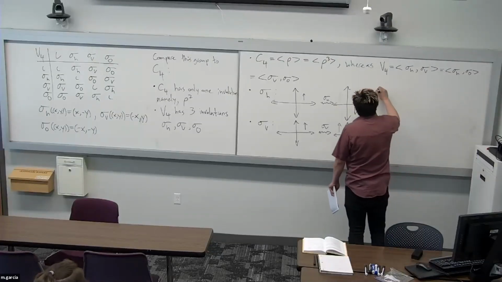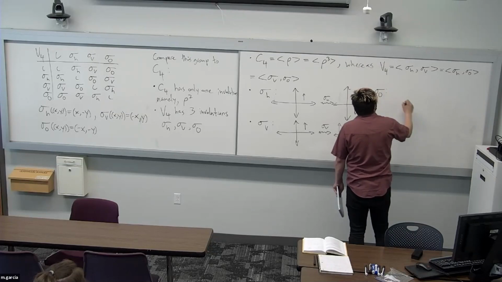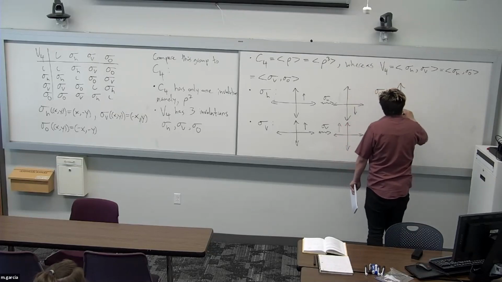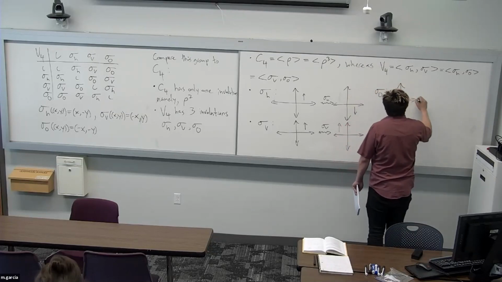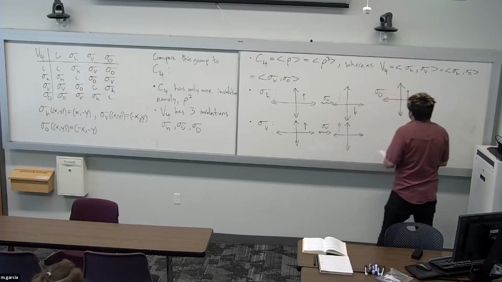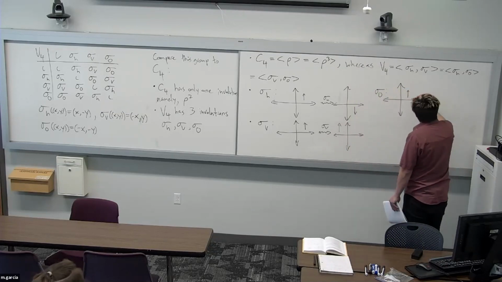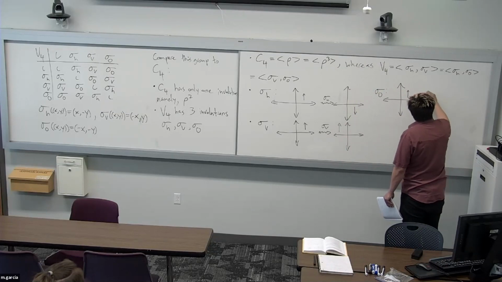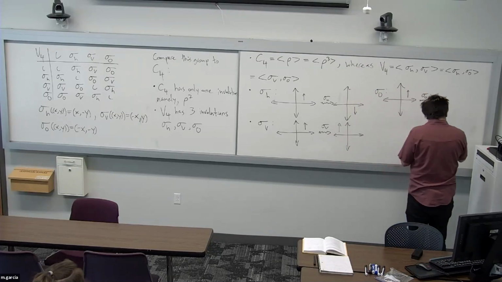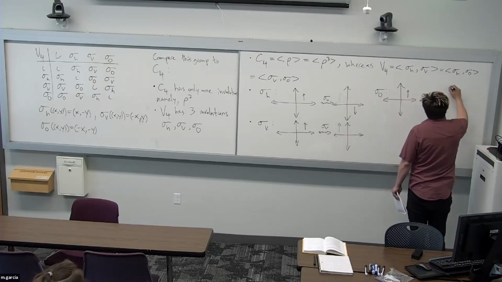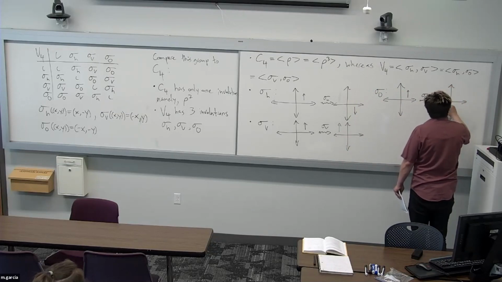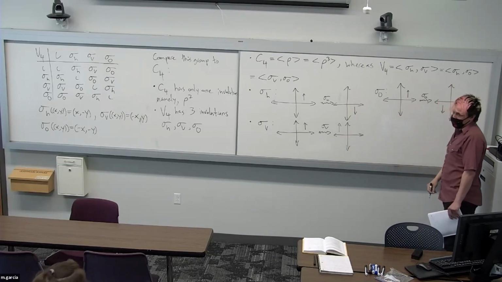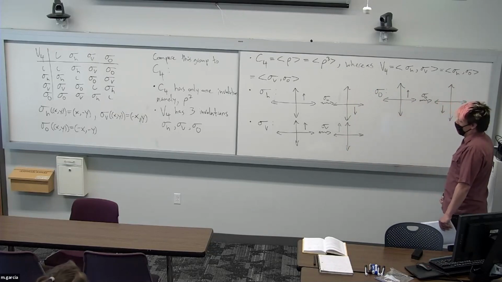Okay? Sigma O. Again, I have my plane and this test arrow, and I operate sigma O on the plane. And what do I get? I get this.